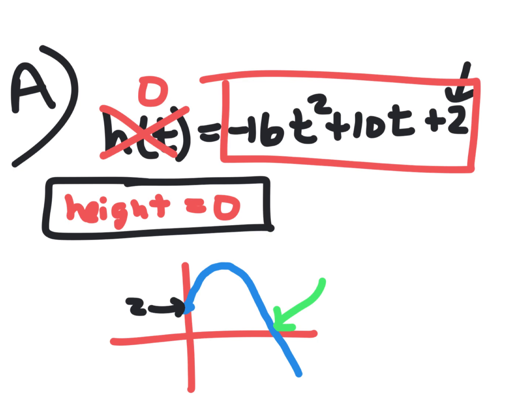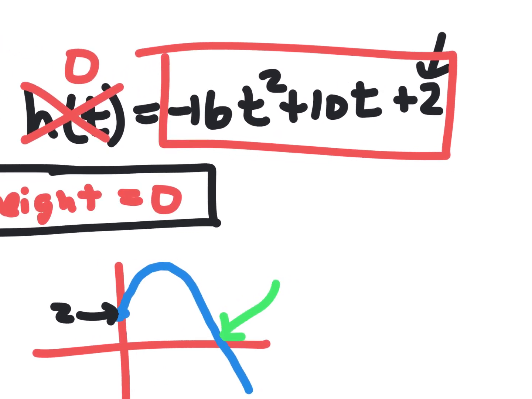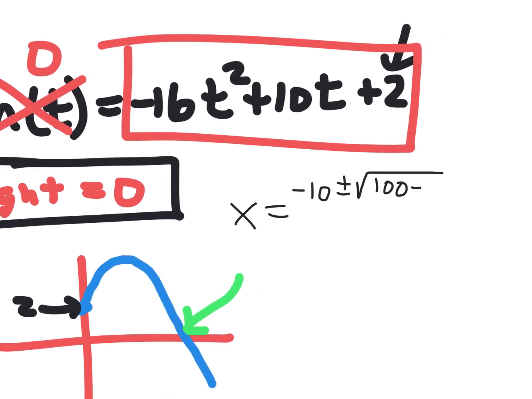Now we can use the quadratic formula. Negative what? 10 plus or minus the square root of b squared, which would be what? What's b squared? You can do it in your head. Yep. Minus 4 times a. What's a?